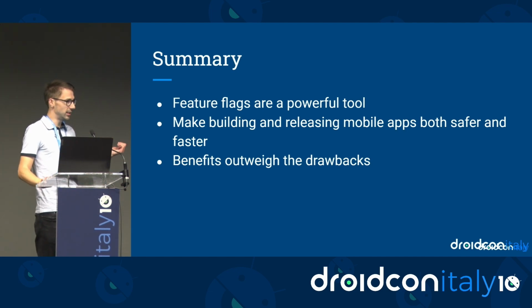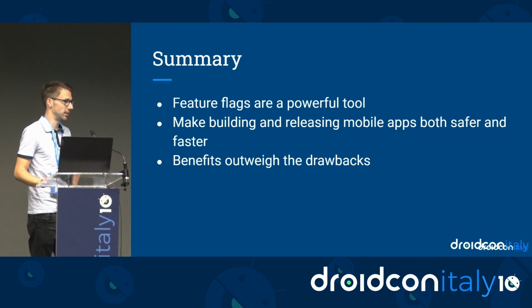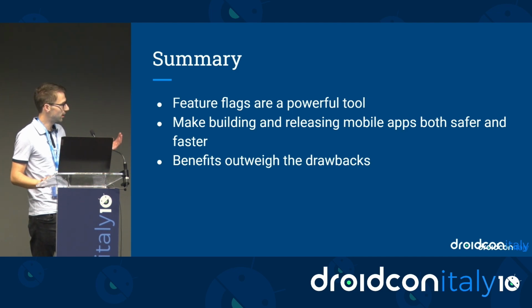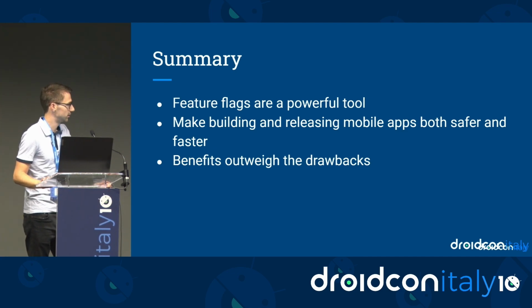And it's really easy to get started. If you want to get started, you can use Firebase Remote Config. You just need to add some dependencies, do some config, and you're up and running. You have one class and you can use it across your app, and it's a really easy way to get started.